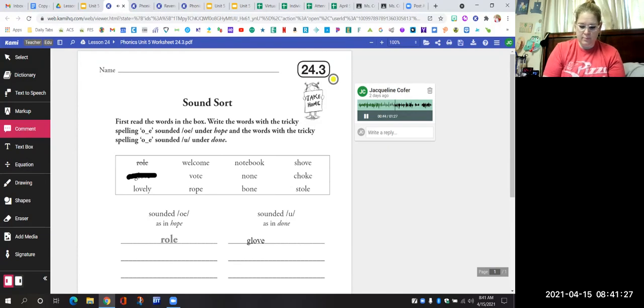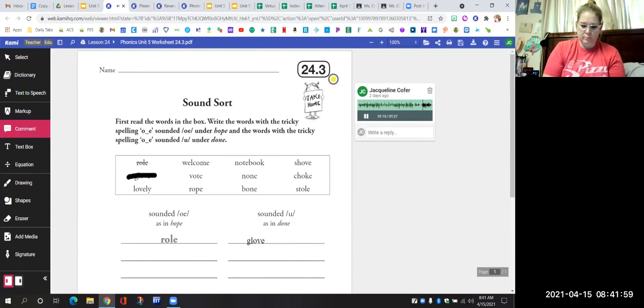So the example is they use the first word, roll. It says O like in hope. So they put it in this first column under O as in hope. The next word is the word glove. Does it say glove or glove? It says glove, so we're going to put it in the second column.